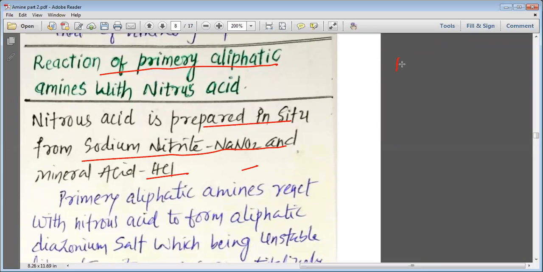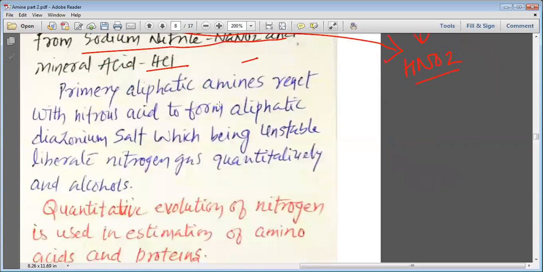So here you can understand if you have NaNO2, if you allow it to react with HCl, it simply gives us HNO2, which is known as the nitrous acid. And this nitrous acid is prepared by the reaction of NaNO2 and HCl in situ. In situ means during the reactions.